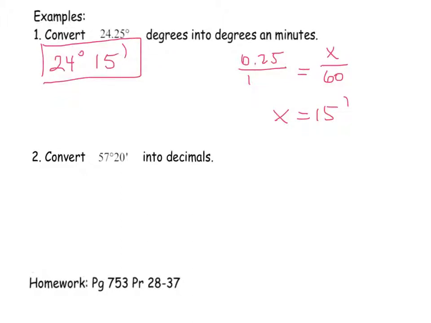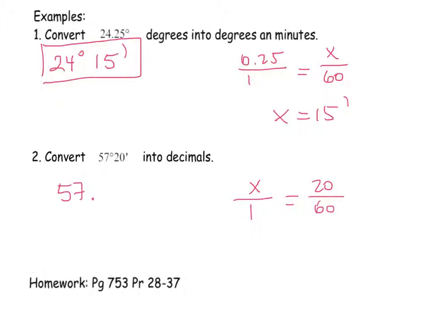In the second example, we need to convert 57 degrees and 20 minutes into decimals. So again, I start out saying 57 point something degrees. So I am going to say x over 1 will equal to 20 over 60, or 20 minutes over 60 minutes.